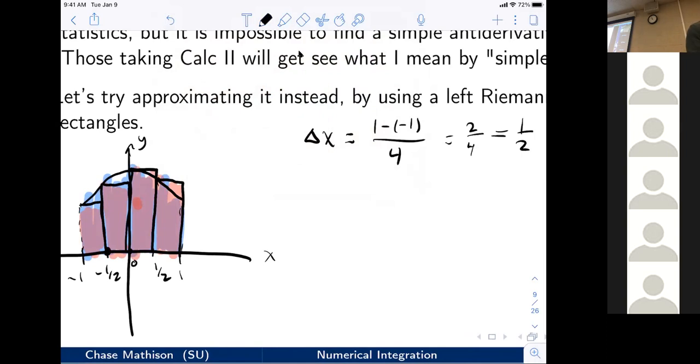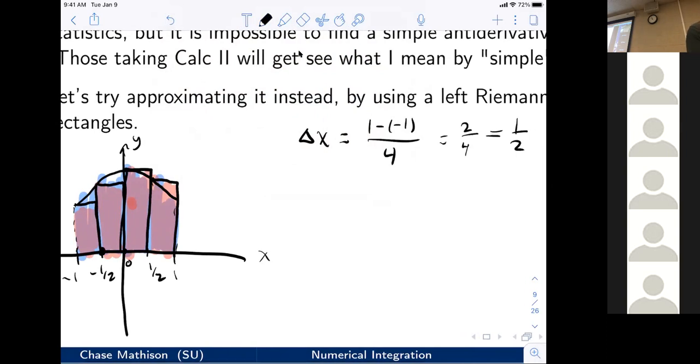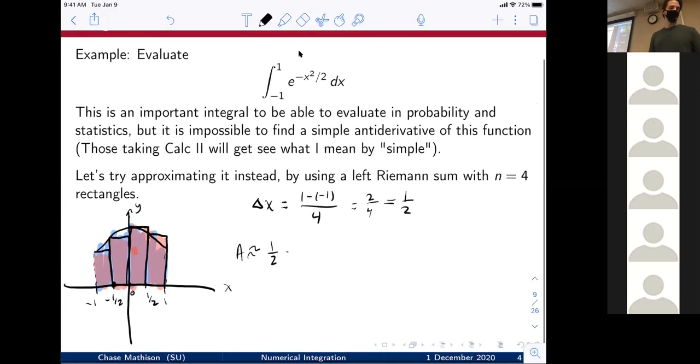So what's the area of the first rectangle? Well, it has a base of 1/2. The length of the base of the rectangle is 1/2. And what's the height of that first rectangle on the left? One half times what? Exactly.